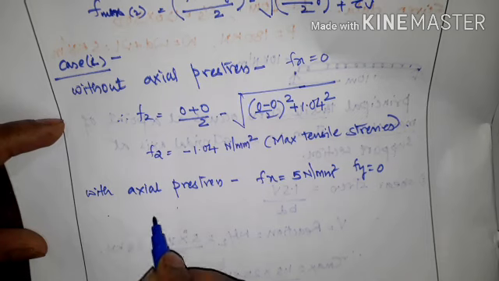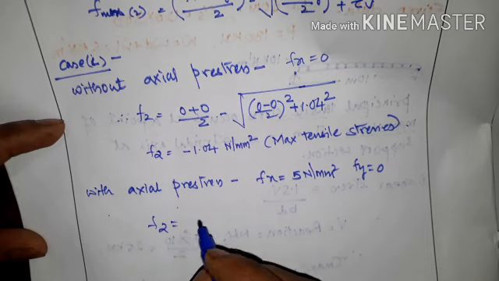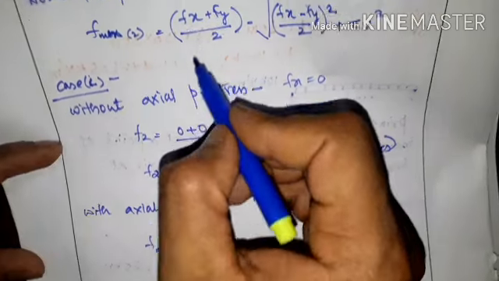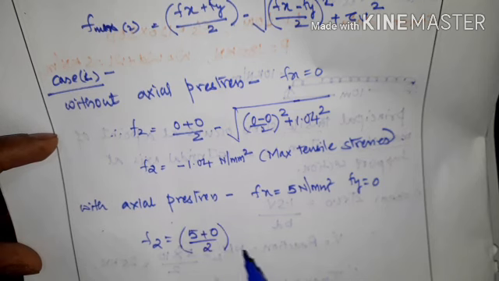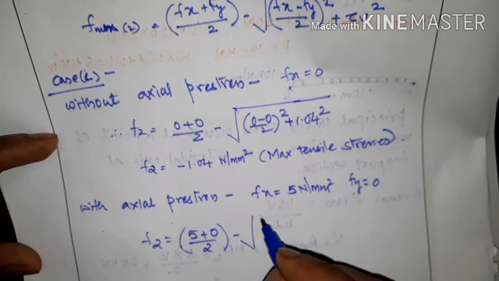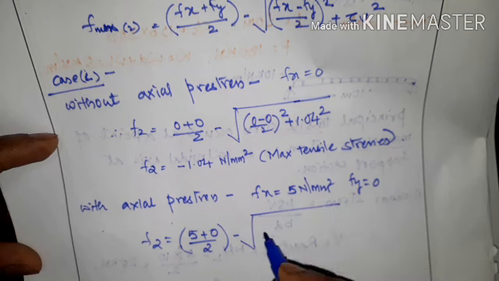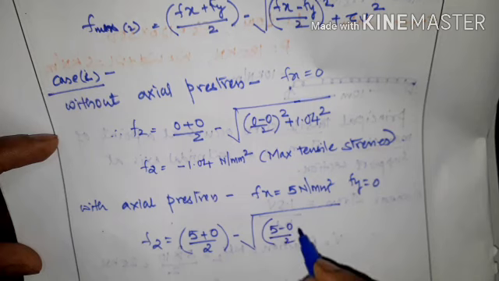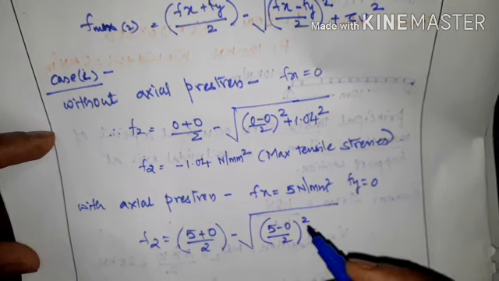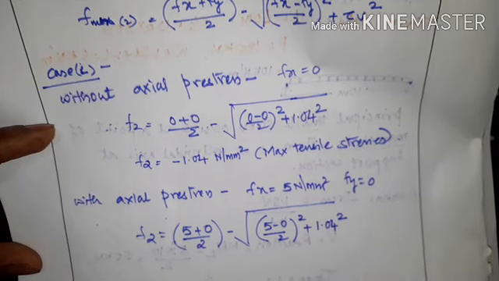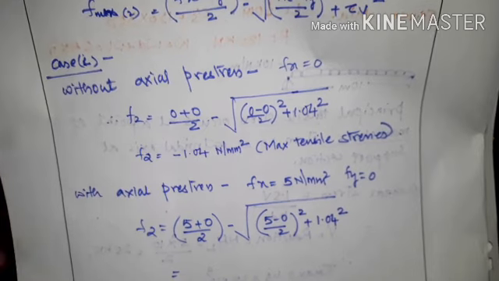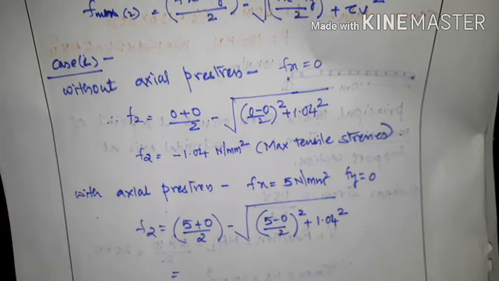So again I will write the formula: F2 is equal to (Fx plus Fy) divided by 2, so Fx is 5, Fy is 0, divided by 2, minus again the square root of ((Fx minus Fy) divided by 2) square plus tau v square. So tau v is 1.04 square. I'll just calculate and check.